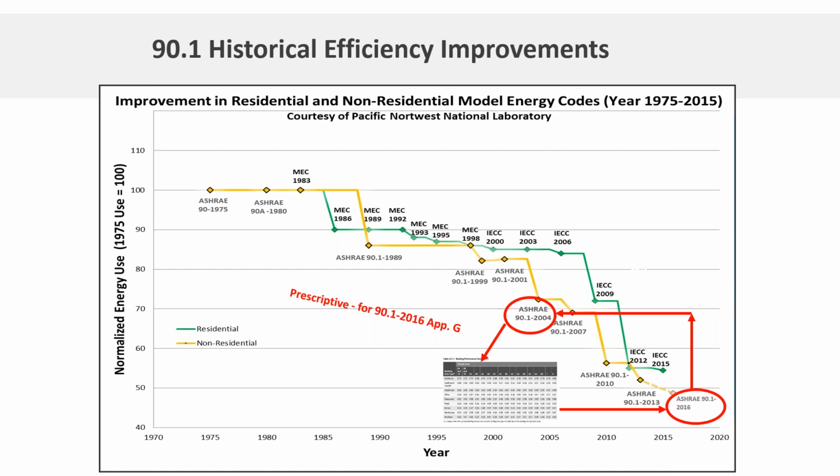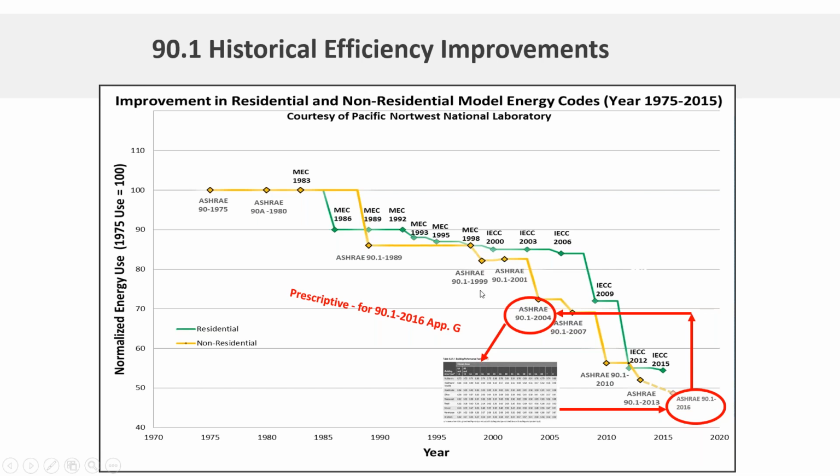And you'll see that there were various permutations and changes to that as we moved along. The major first change was 1989, when there was roughly a 15% improvement in the overall standard in terms of energy efficiency.